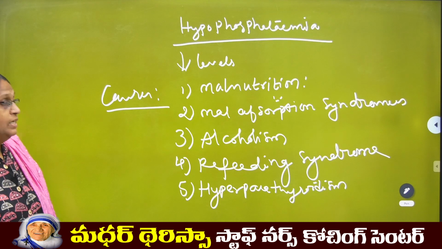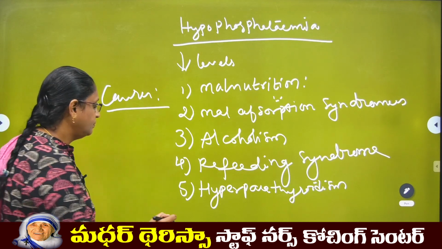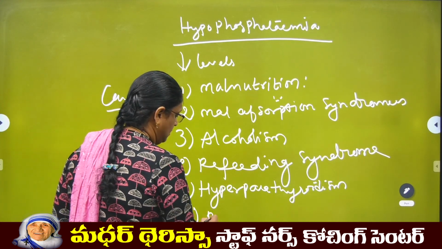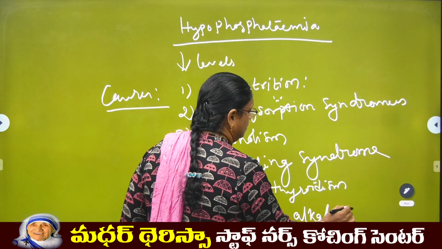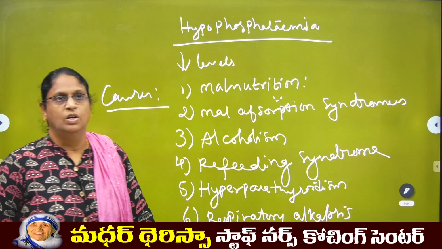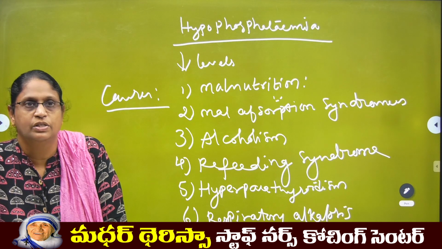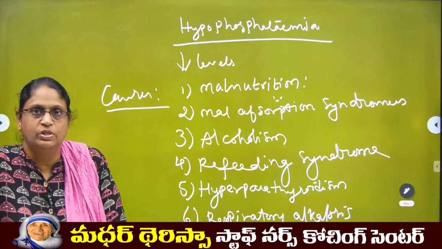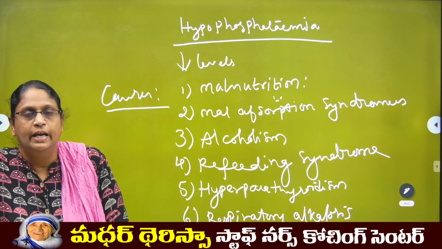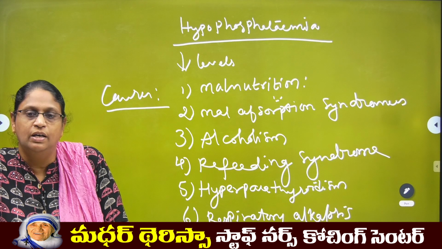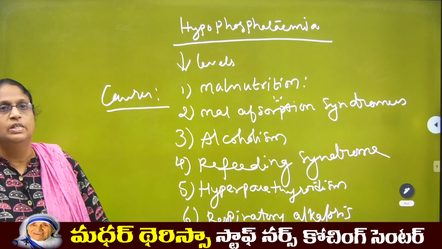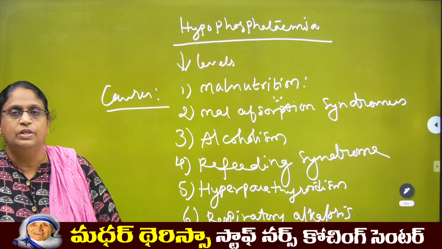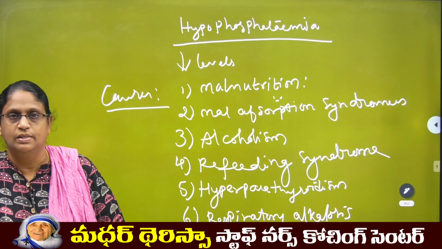Then respiratory alkalosis. Respiratory alkalosis is nothing but a shift of phosphorus into cells in exchange for extracellular hydrogen ions. So what happens in respiratory alkalosis is there will be a shift of phosphorus into cells.